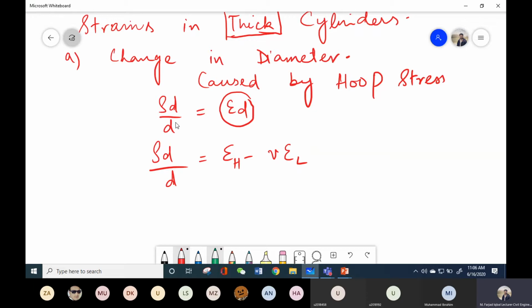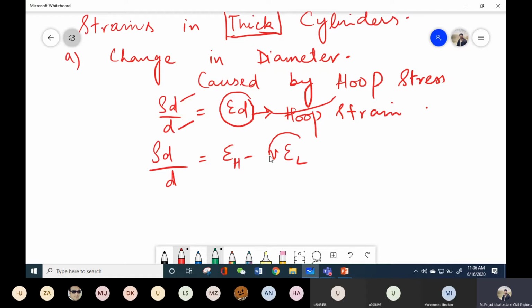So we know that change in diameter, or diametric strain, is represented by change in diameter over original diameter. Now this diametric strain is equivalent to the hoop strain. If the strain occurs in one direction, it will produce some minor strain in two mutually perpendicular directions, which can cause the reduction in original strain.